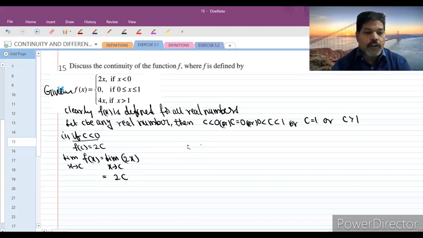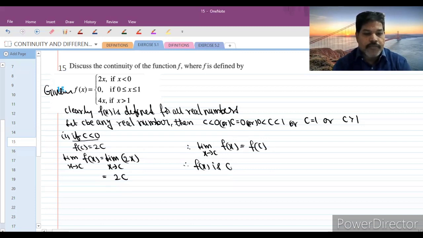Therefore, the limit as x extends to C of f of x is equal to f of C.